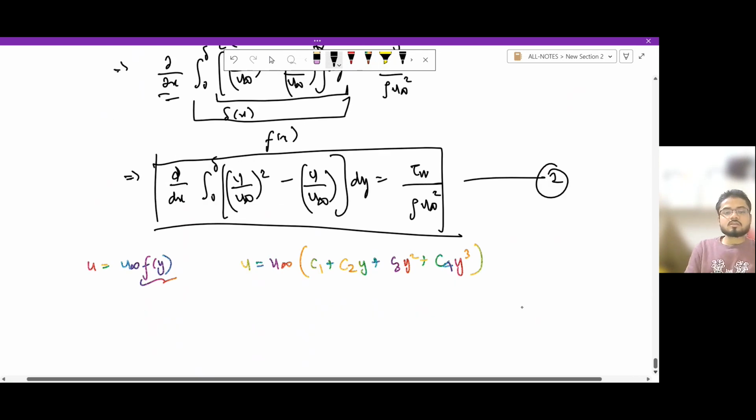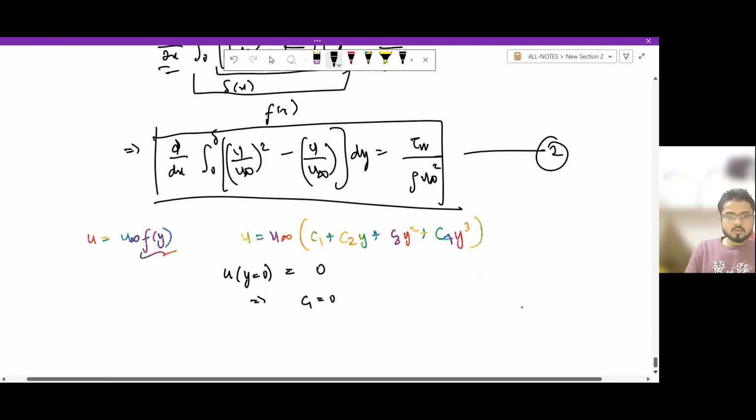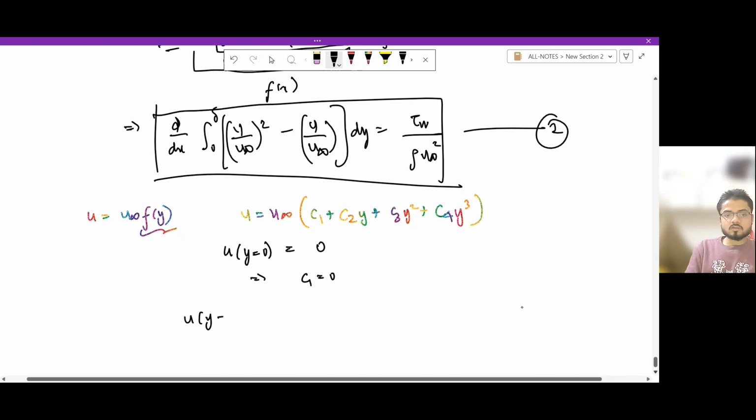All right. So for this type of profile, firstly, we need to understand that u at y equals 0 is 0. This would imply that C1 is 0. And the second thing we need to realize is that u at y equals delta is u infinity.